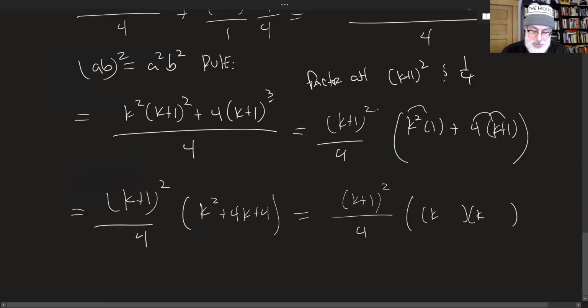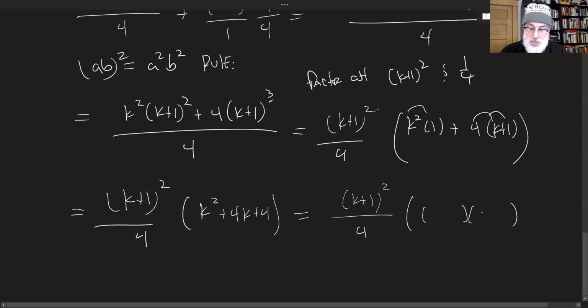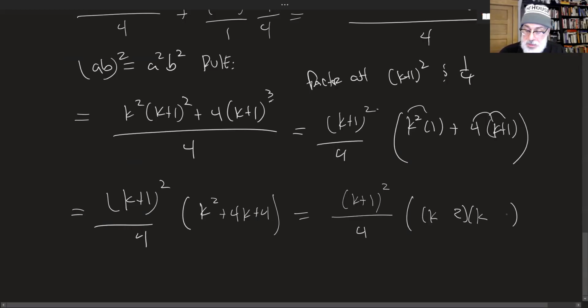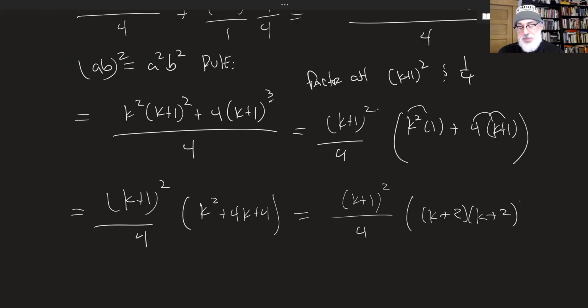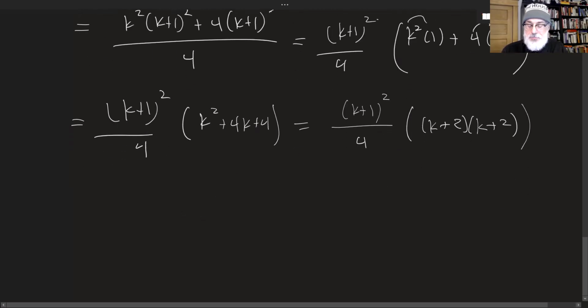If you remember your factorization rules, if I have a quadratic, I'm going to try to factor this into 2 binomials. So here I need 2 numbers that multiply to give me 4, and when I add them also give me 4. So 2 and 2 is a great candidate. And if we FOIL this real quick, we can see that we get k squared plus 2k plus 2k plus 4, which is k squared plus 4k plus 4. So that indeed is the factorization.